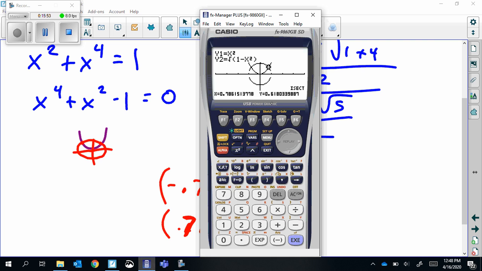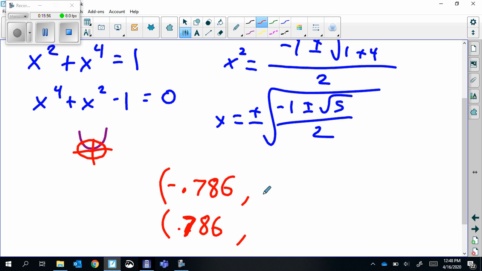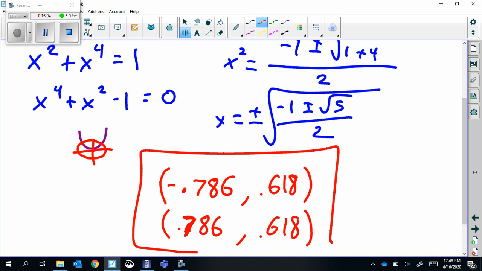And it's 0.618. So these were our two solutions. There's no better way of writing that than just the decimal, so that's okay.